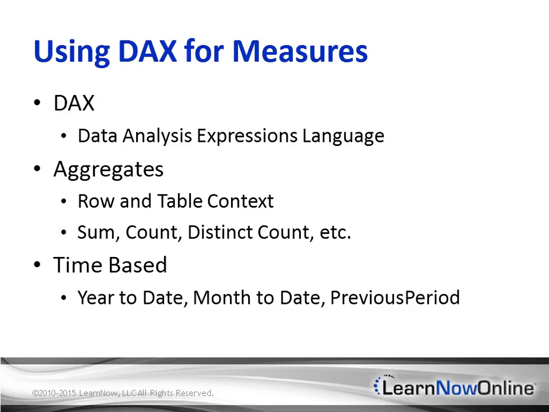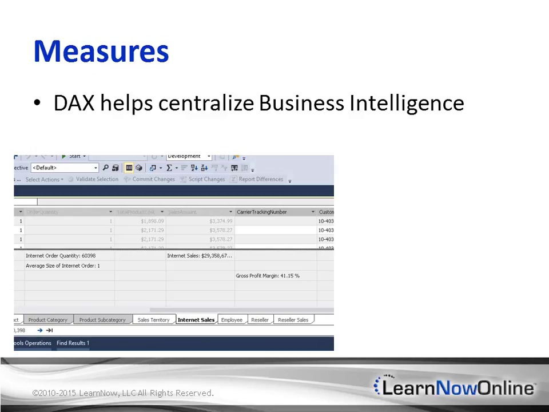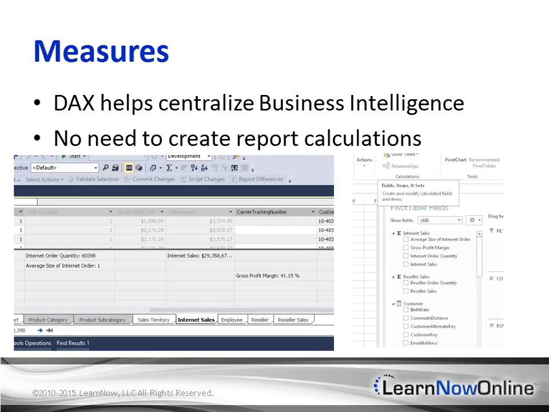Being able to slice and dice these measures means your end users do not have to embed certain calculations in their reporting tools. The main purpose of measures is to centralize these calculations that otherwise would have to be duplicated in reports. Also, the intelligence of BI is its ability, through relationships, to slice and dice by dimension attributes and hierarchies.